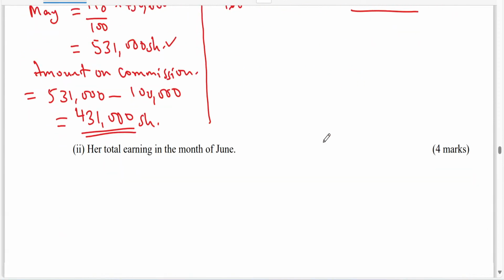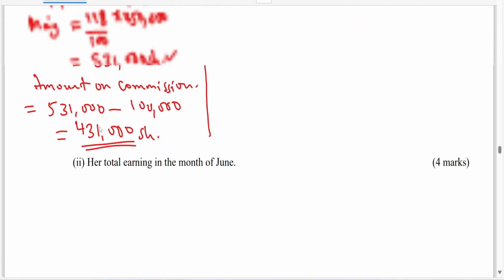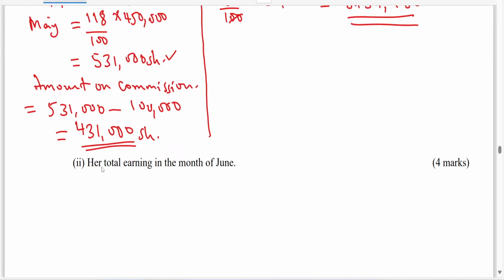Part 2: Jane's total earning in the month of June.